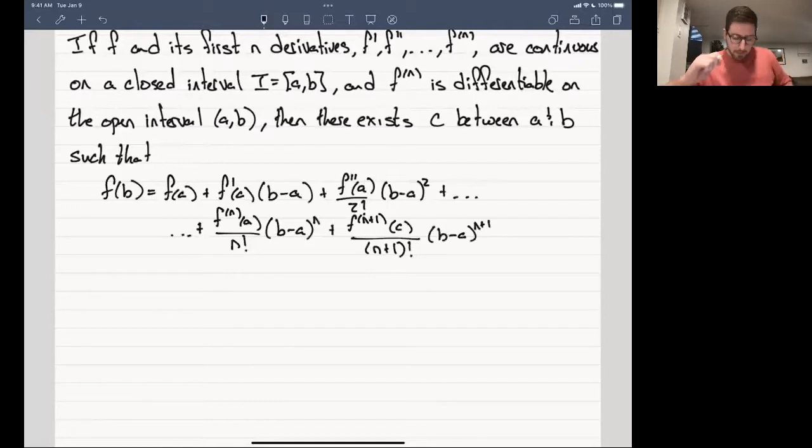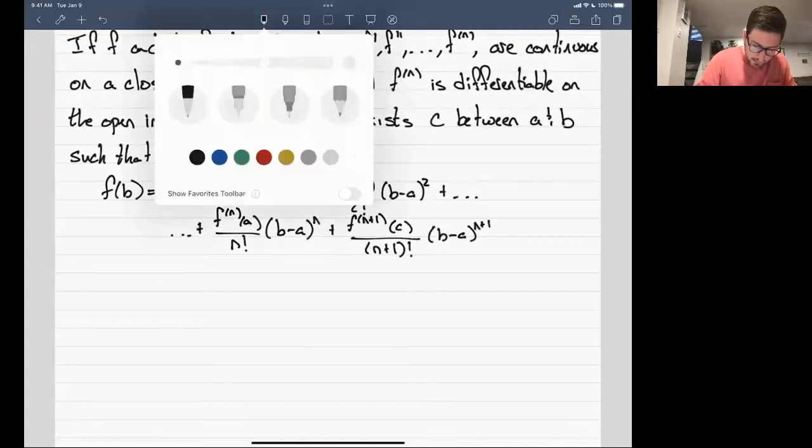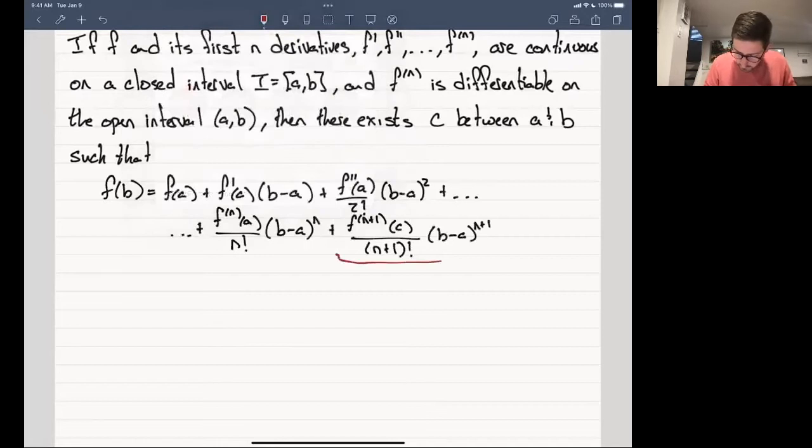Okay, so this is what's known as Taylor's theorem, and the only difference between the Taylor approximation, the Taylor polynomial, and what's written on the board is this term right here, which we call the remainder. And what makes it different is that you have that c between a and b coming up in the derivative there. So that piece is allowed to be sort of tuned in order to make this thing equal.